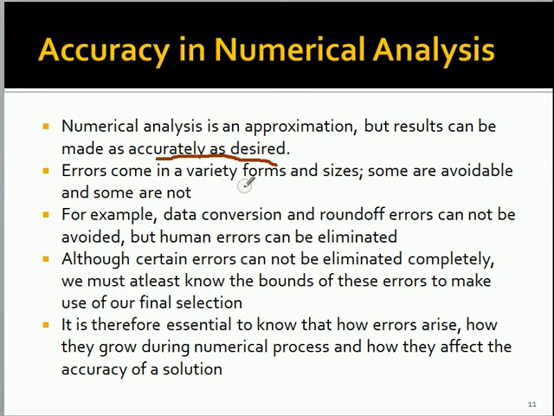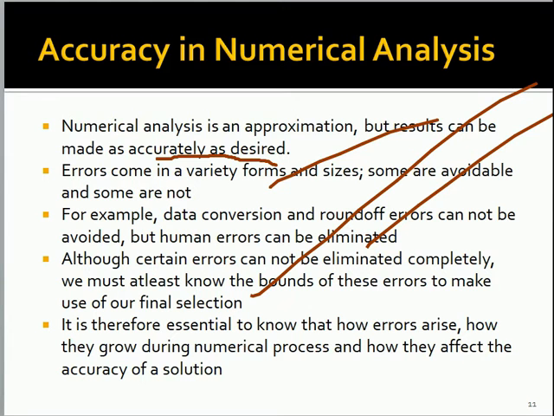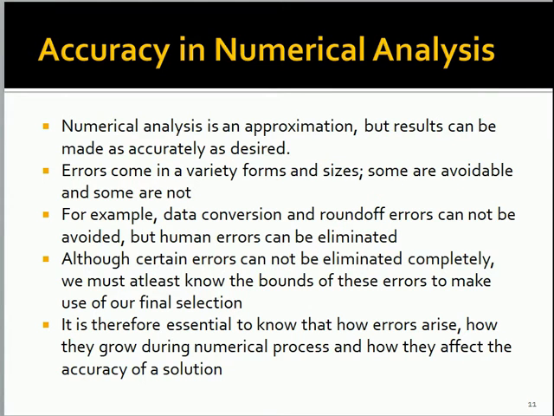Errors come in a variety of forms and sizes. We'll do that, so let's skip that for now. Data conversion and round off errors, that's also an error. Although certain errors are not eliminated completely, we at least know the bounds. That's also an error fact, so I guess it's better to go to the error section.